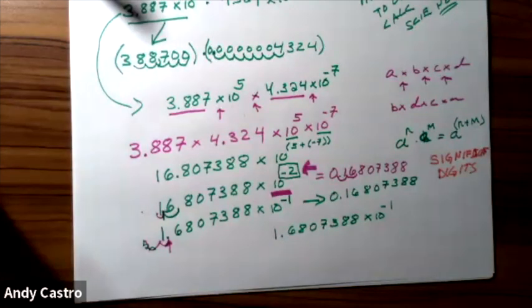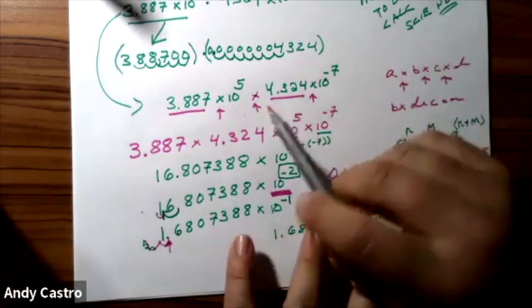All right. What are significant digits? You can only be as accurate as your least accurate number, right? Have you ever heard of the phrase, the chain is only as strong as its weakest link? So it's kind of that type of idea.